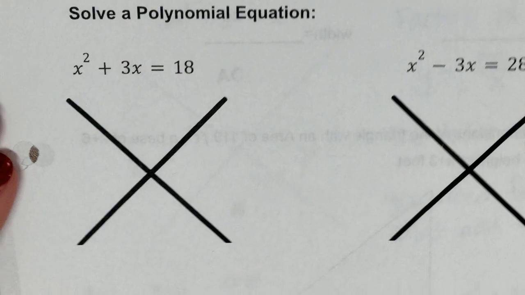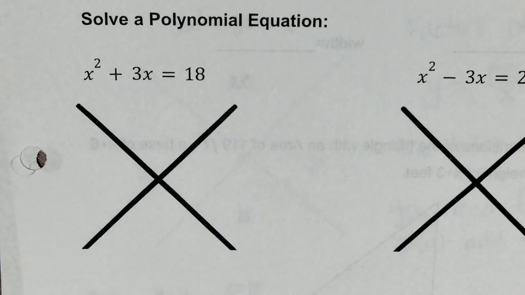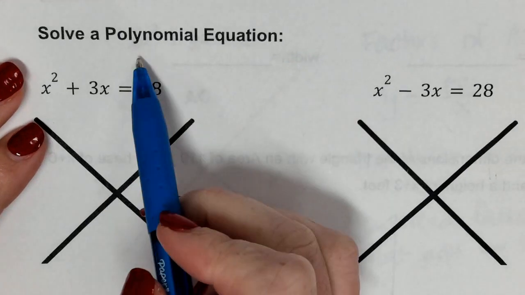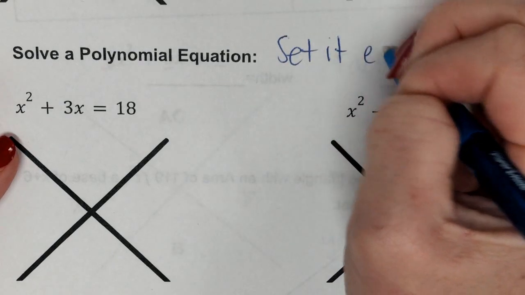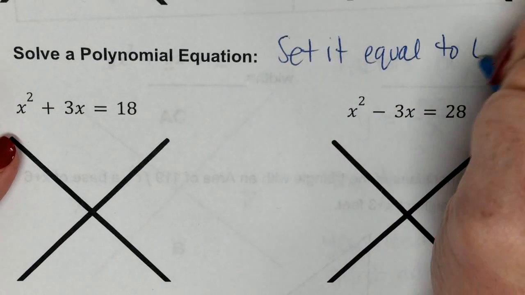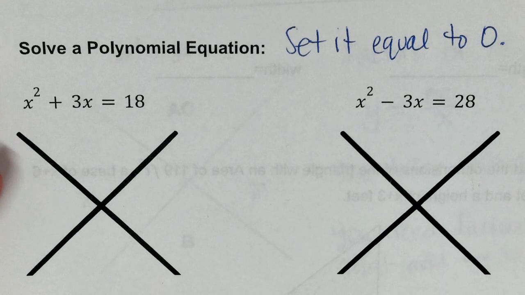Now we're going to talk about how to solve polynomials by doing this. You already know how, but you haven't ever put it all together. And then I'm also going to show you how to do them in your calculator, which was like that word problem on the last question of your assignment yesterday. All right, so here we go. The first thing you have to do to solve any polynomial ever is set it equal to what? You have to set it equal to 0.